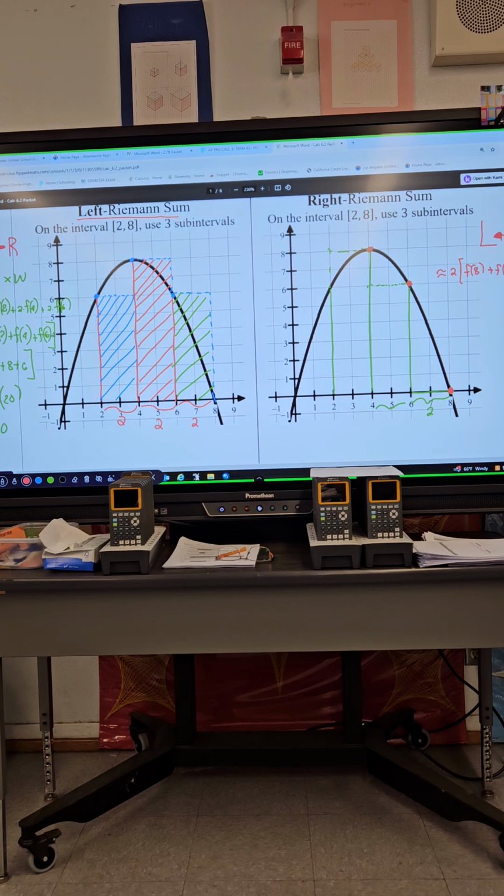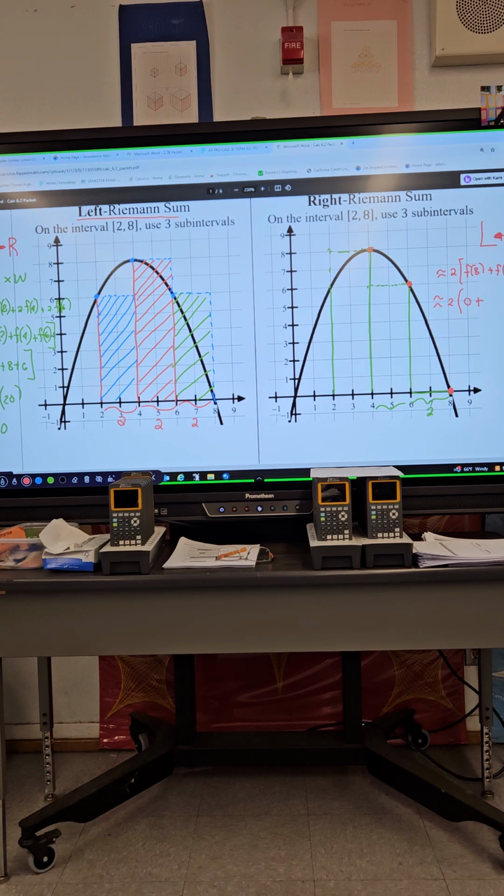So we now say approximately 2 times what is f of 8? There's no height. He is right. Very good, Chris. So f of 8 is 0. What is f of 6?